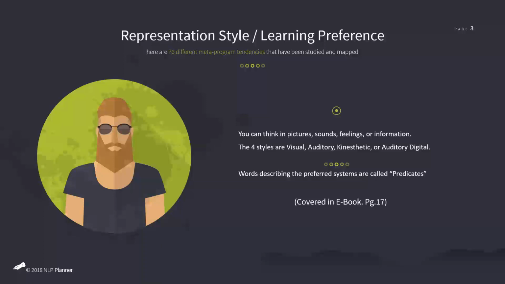At any given point of time, when a person speaks, he is either in a visual mode, or in an auditory mode, or in a kinesthetic mode, or the fourth one, which is also called the auditory digital mode.